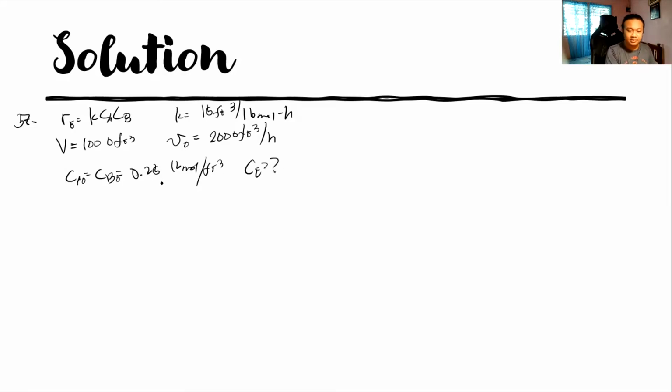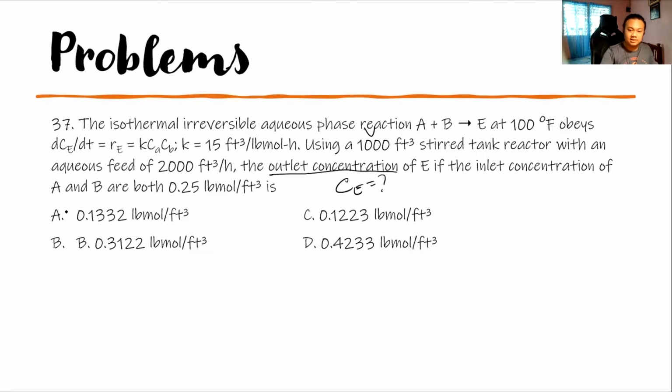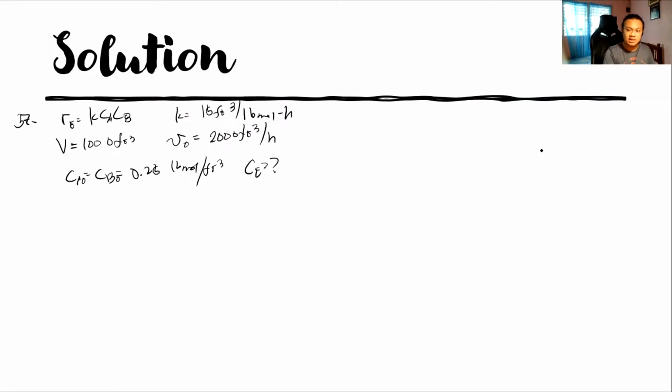Yan. So let's draw the system. So because this is a stirred tank reactor, stirred tank reactors meaning this is a CSTR. So yan, let's draw. And then we have here the volumetric flow rate of 2,000 cubic feet per hour.